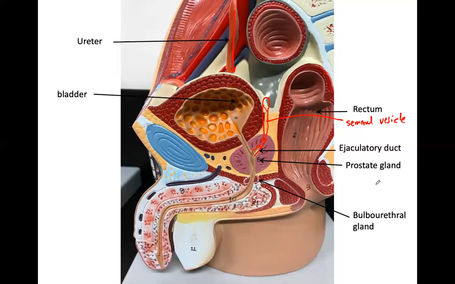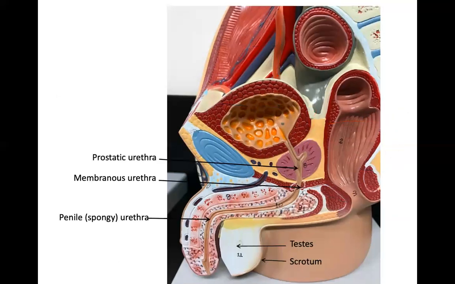Going further down, right below the prostate, again wrapped around the urethra, you have this little gland. It's about pea size, and that's the bulbourethral gland, which is one of the accessory glands of the male reproductive system. Going down, again, you have the urethra, the tube extending from the bladder that excretes either urine or ejaculated semen. Where it passes through the prostate gland, this region specifically is called the prostatic urethra.